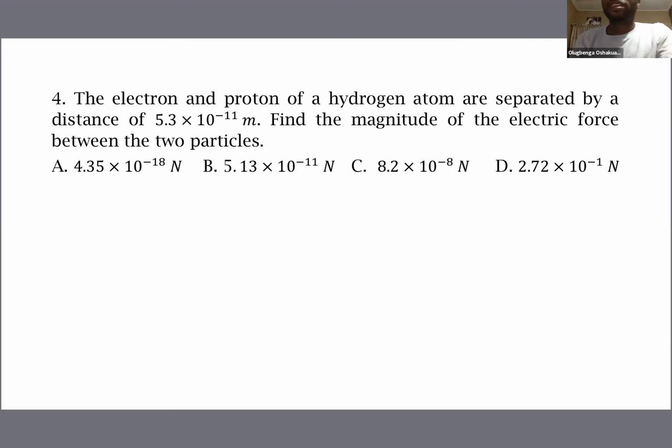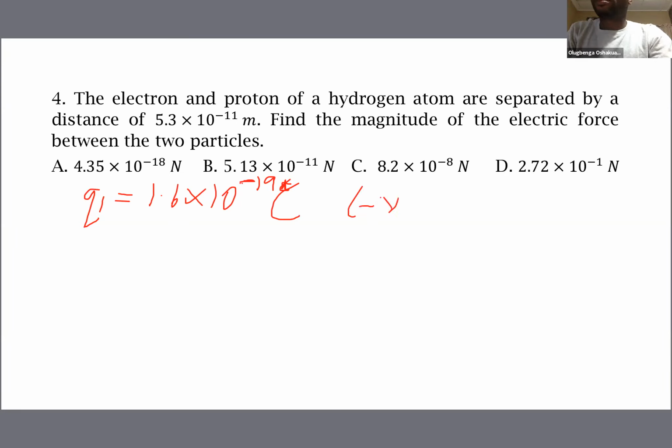This is saying that the electron and proton of a hydrogen atom are separated by a distance of 5.3. So the major point is that, let's say Q1 is the charge of the electron, and that is equal to 1.6 times 10 raised to the power minus 19 coulomb. Though it's a negative charge, I can decide to say minus 1.6 times 10 to the power minus 19 coulomb.